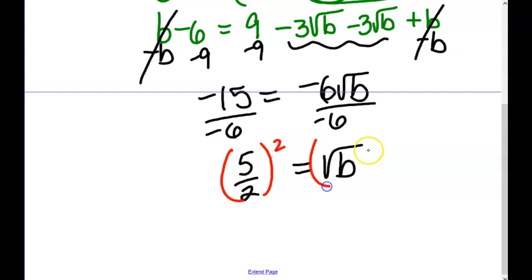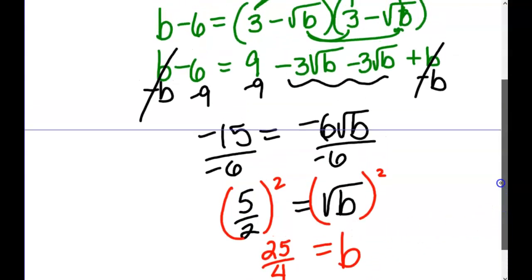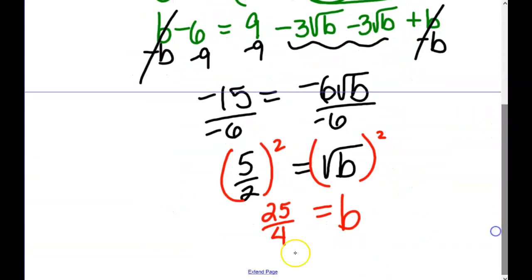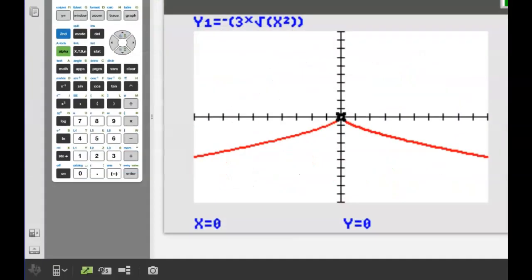If we square one more time, what do we get? b equals, square the top and the bottom, and you get 25/4. Everybody okay? Which is like 6.25 if you were to type it back in up here. Should we try it? Someone tell me what it was.